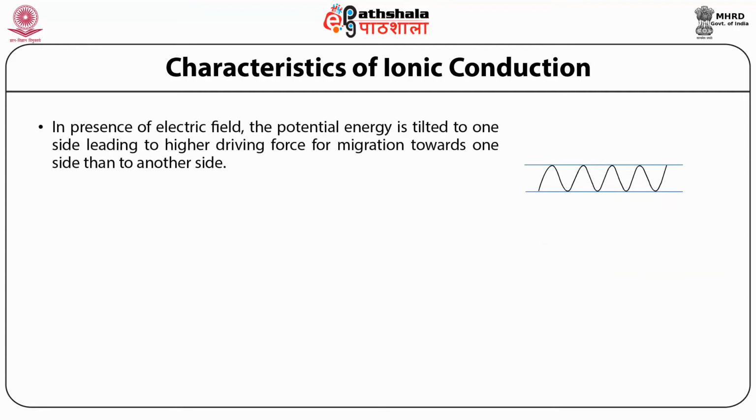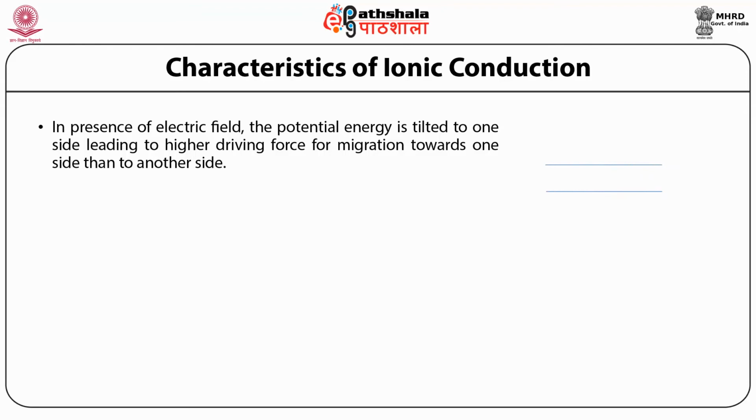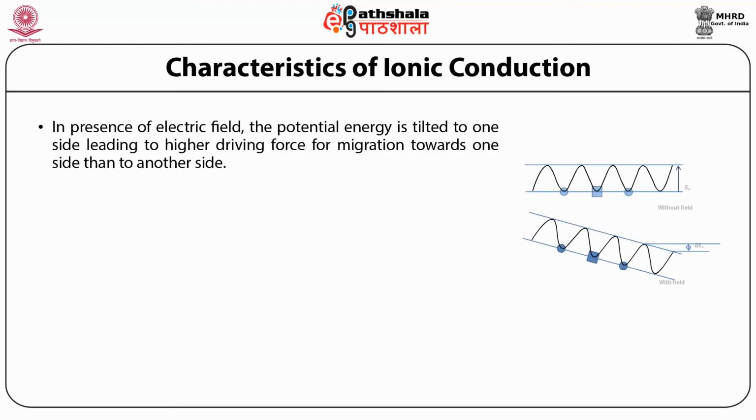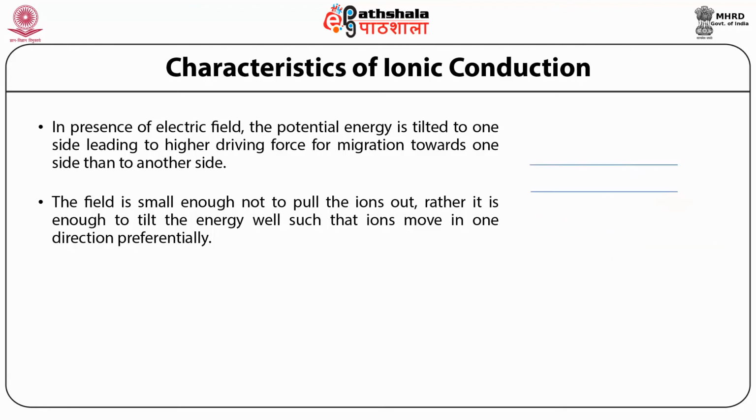In the presence of an electric field, the potential energy is tilted to one side, leading to a higher driving force for migration towards one side than the other. The field is small enough not to pull the ions out; rather, it is enough to tilt the energy level such that ions move in one direction preferentially.